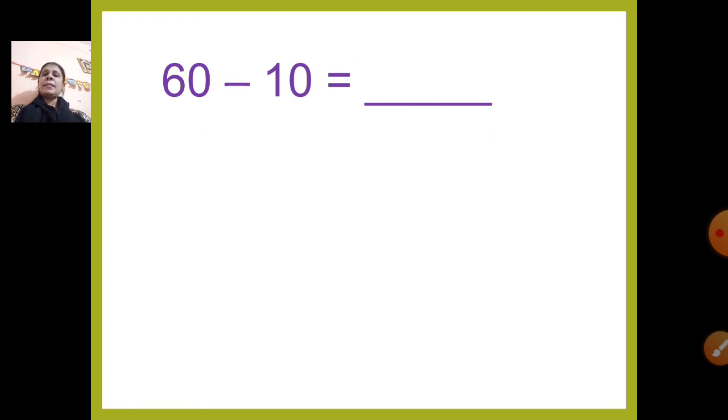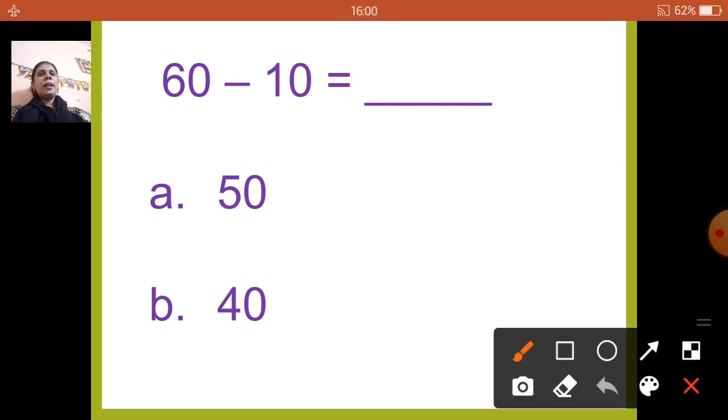60 minus 10. What is the first option? Let us see. Option A, 50. Option B, 40. So what will be the correct answer, children? Let us subtract and see. Now, units with units. This only the teacher has taught you.